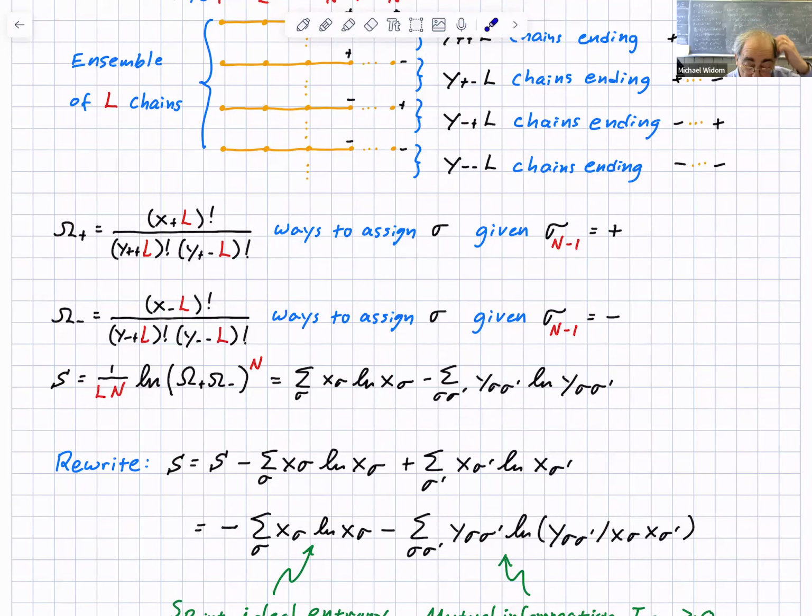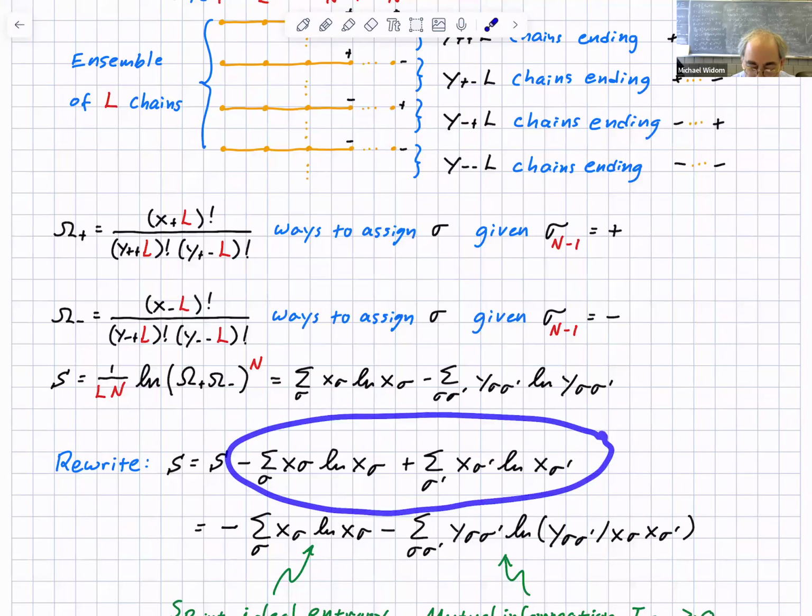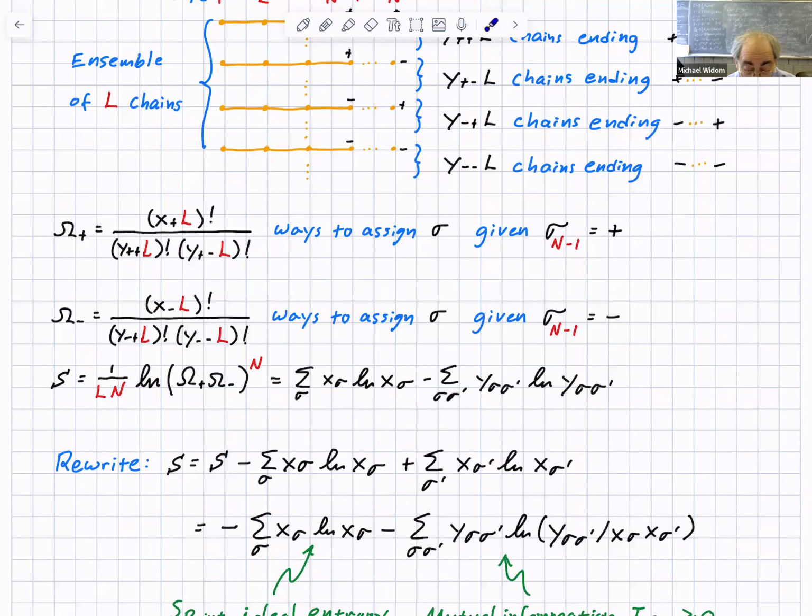And so what I'm going to do is take this expression that looked familiar but had the wrong sign, and get rid of it because I didn't like it. But if I get rid of it, I'd better also add it back again, right? So I'm going to add 0, and I'm going to add 0 in this funny form.